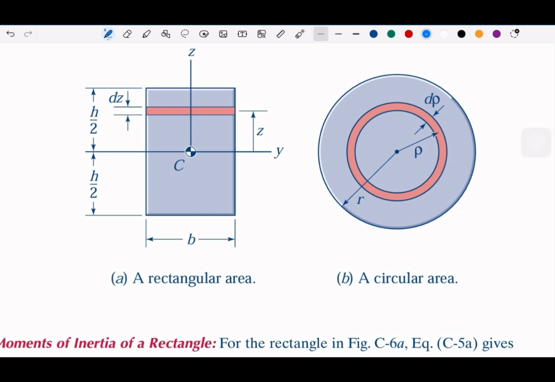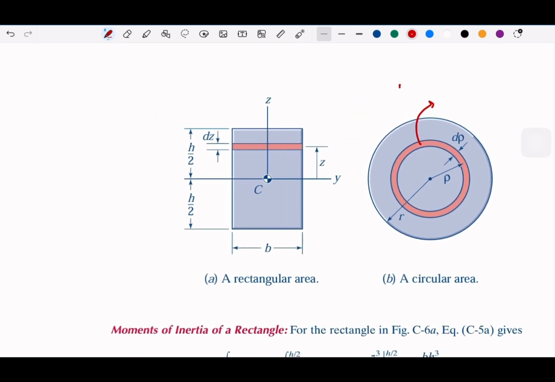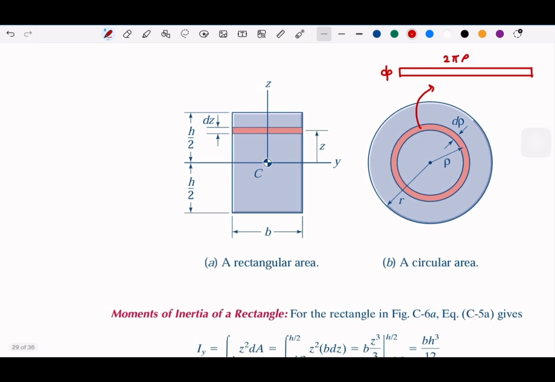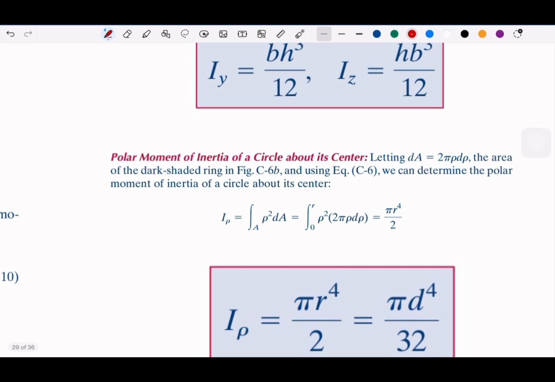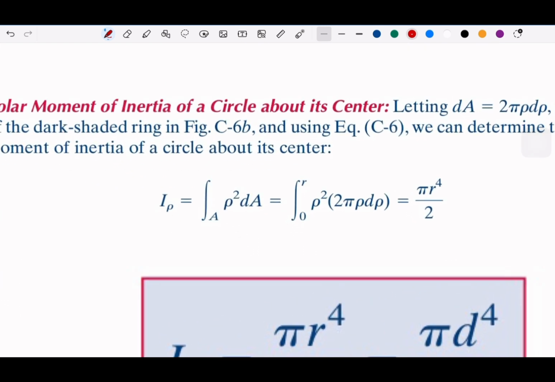So this will be rho, and this will be 2 pi r, right? The circumference. Okay, that's how we get the dA.